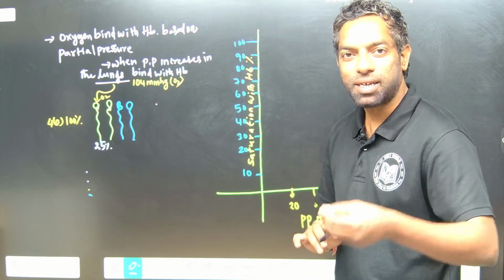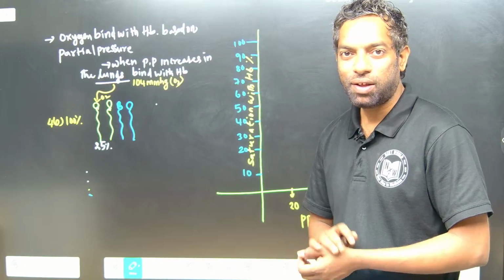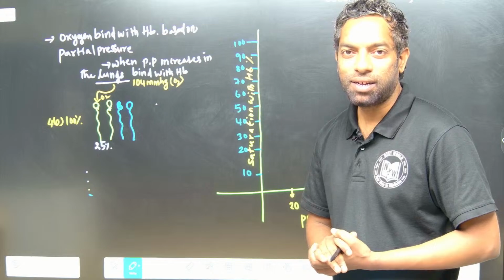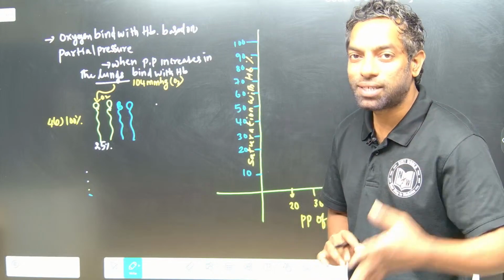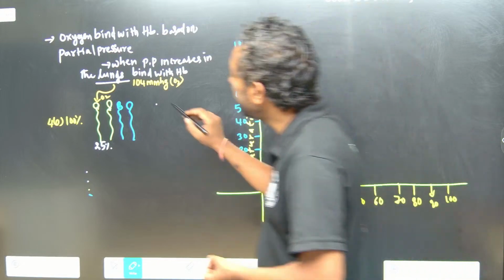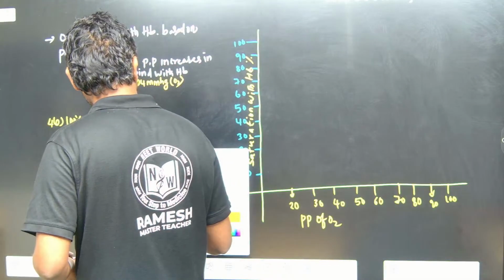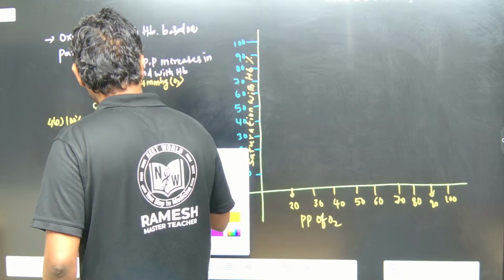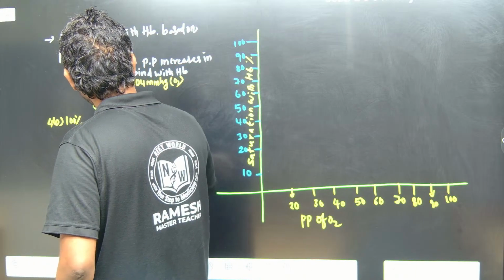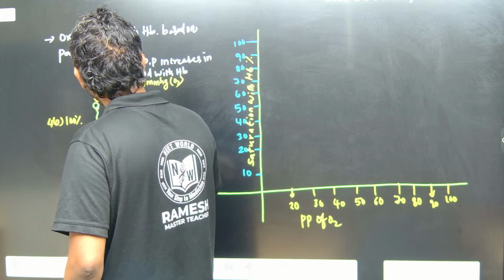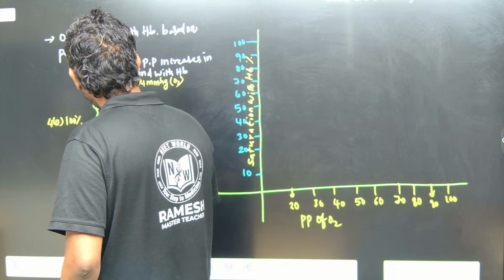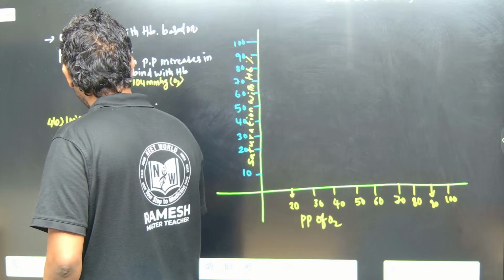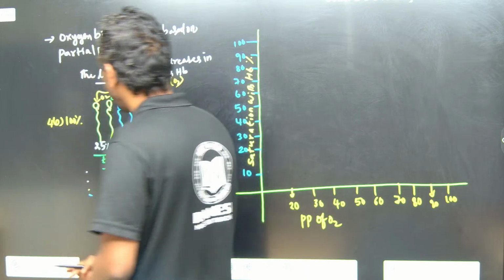If the partial pressure is high in the lungs, the first oxygen attaches to the hemoglobin head part, which is 25% saturation. If another oxygen attaches, that is another 25%, meaning 50% saturation.